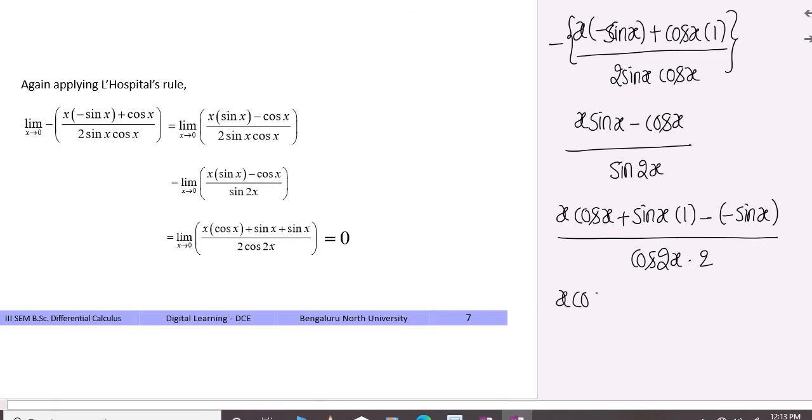Rewriting: x cos x plus sin x, minus into minus is plus sin x, divided by 2 times cos 2x.